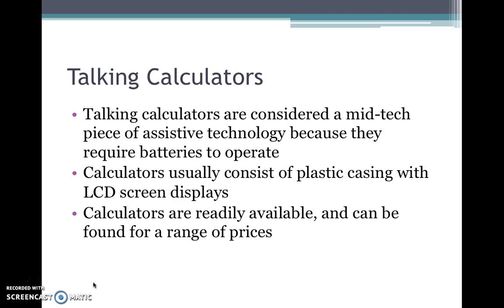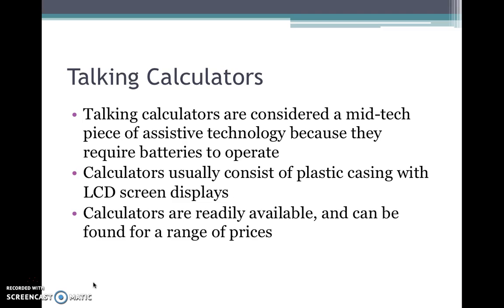Now, the more complicated you get with your calculators, the more the materials are going to be more expensive and fancier in a way. The nice thing about these calculators, though, is that they're readily available and can be found for a range of prices. So if you don't have a lot of money to spare, you can get a pretty cheap calculator that can do basic math for you.